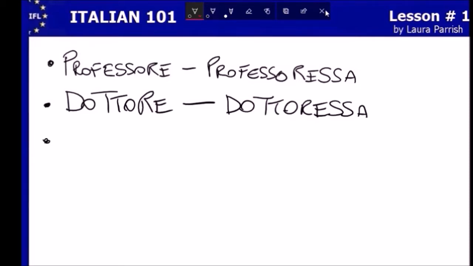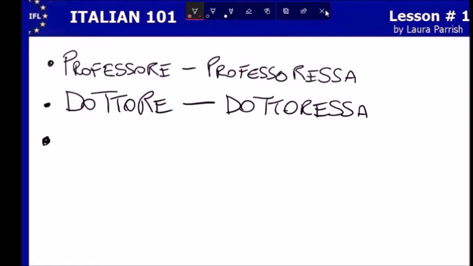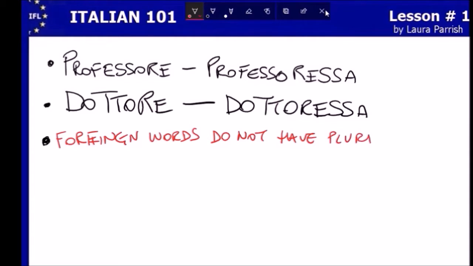Then there is another rule to remember, let me write it here. Foreign words don't have a plural. Okay?